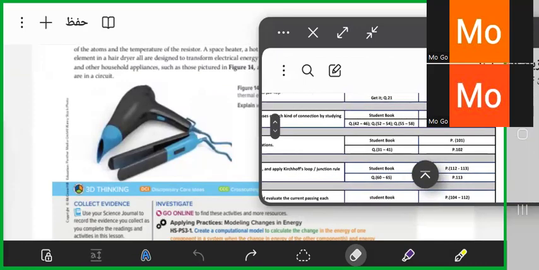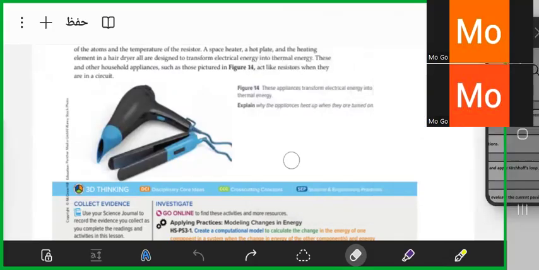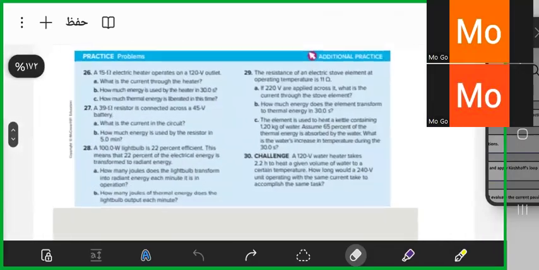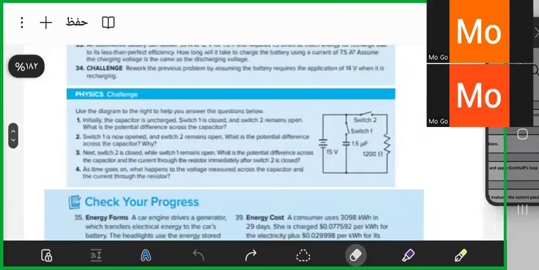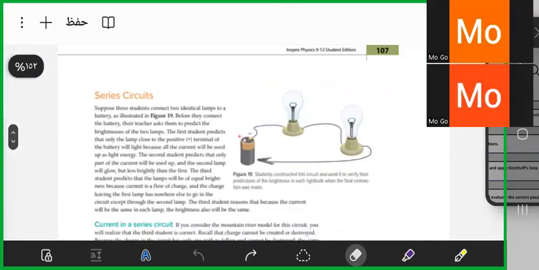He needed page 91 and here 4. So it was at 108, 108, and that one. Yes, here series and parallel.